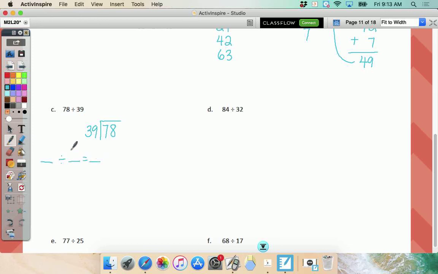Okay, what will I round this divisor to? 40. Okay. So I'll skip count by 4s. This is a hard decision, isn't it? Yeah. Should I try a 2?